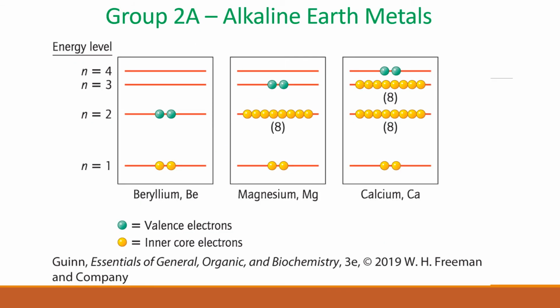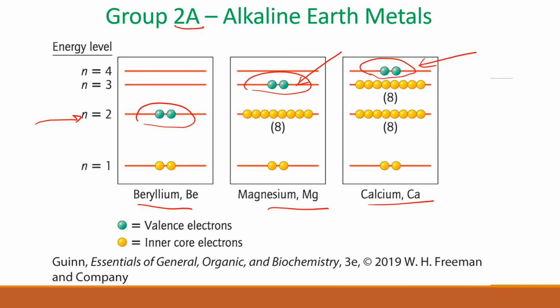Let's look at some of the elements of group 2A. As you notice, all of these elements such as beryllium, magnesium, and calcium have two valence electrons, or in other words, two electrons in their highest shell. So we can now generalize that whatever the group number is, the same number of valence electrons will be present in all the elements in that group.